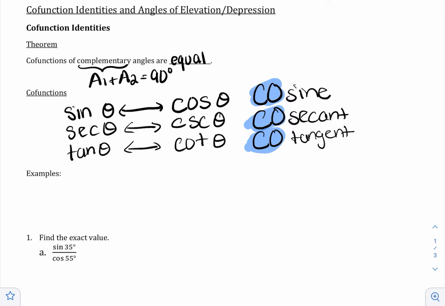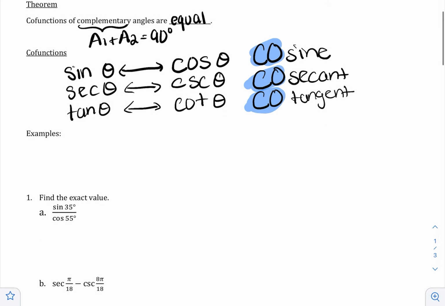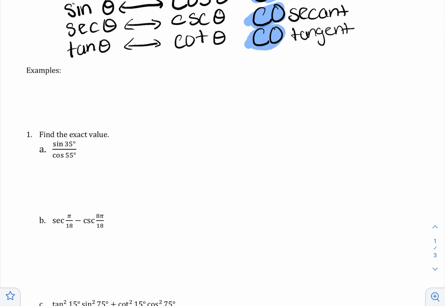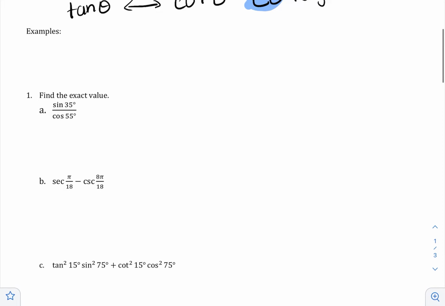So what you do is you replace the angle with the complementary part. So for example, the sine of 30 degrees is equal to. One of the key things here is that you have to change both the function and the angle. This is really important. So the complementary angle of 30 degrees is 60, and the cofunction of sine is cosine.